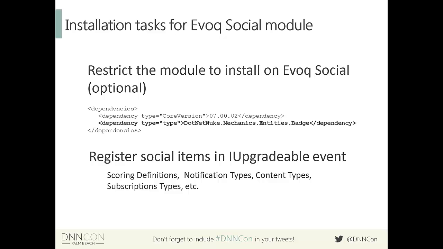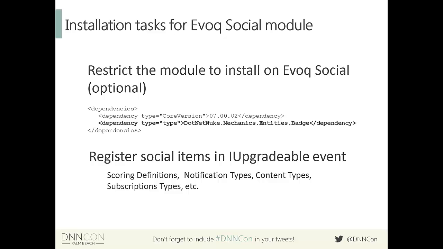I just picked that at random, but it's a type that's only in the mechanics library, which only comes with DNN social. This dependency check, if this is not Evoq social, then this will fail and the module won't install. So this is just an easy way to prevent users from installing this on DNN versions that they shouldn't be installing it on.